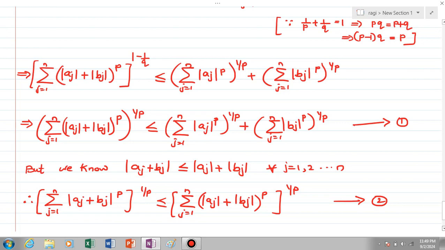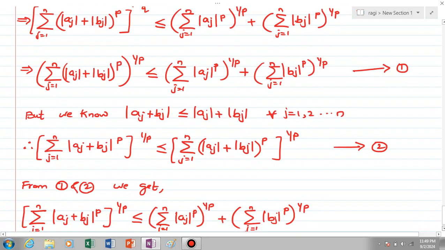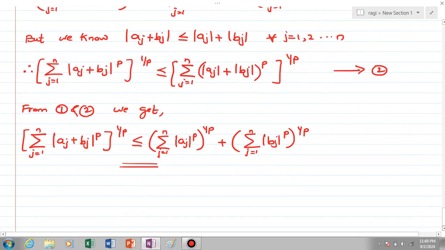Let it be equation number 2. Combining these two inequalities 1 and 2, we can see that (Σ_{j=1}^n |a_j + b_j|^p)^{1/p} ≤ (Σ_{j=1}^n |a_j|^p)^{1/p} + (Σ_{j=1}^n |b_j|^p)^{1/p}. This is Minkowski's inequality. Thank you.